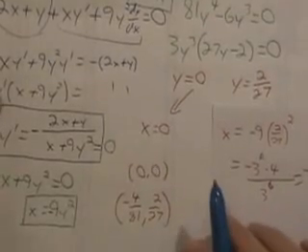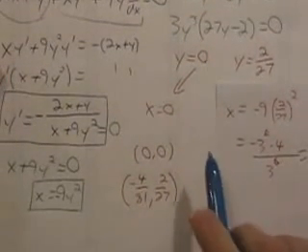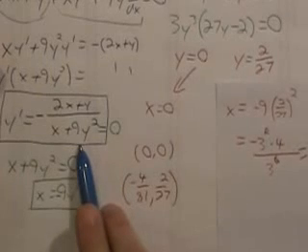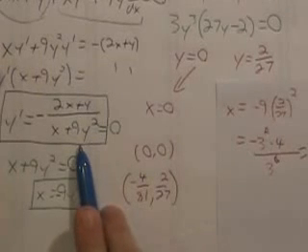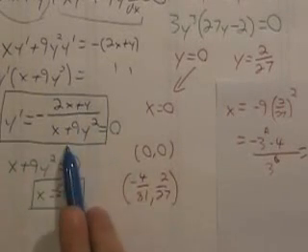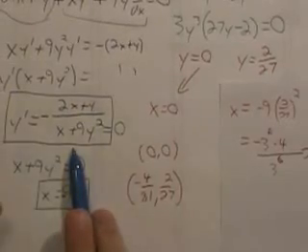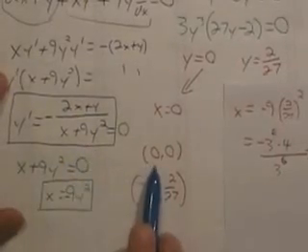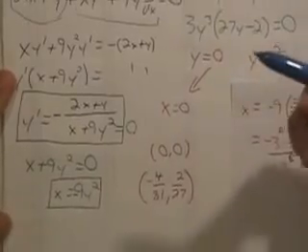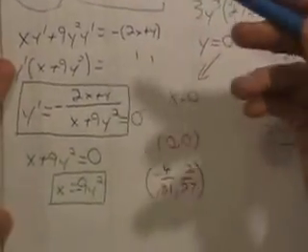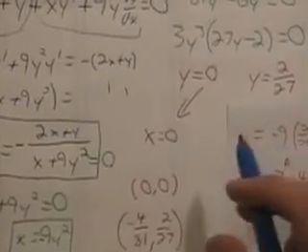One thing I want to point out though is (0, 0). If you notice back in the original, if x is 0 and y is 0, then it makes both top and bottom 0. When that happens, you really can't tell what's going on at that point, because 0 over 0 is indeterminate. It might be horizontal, it might be vertical, it might be neither, it might be both on occasion.